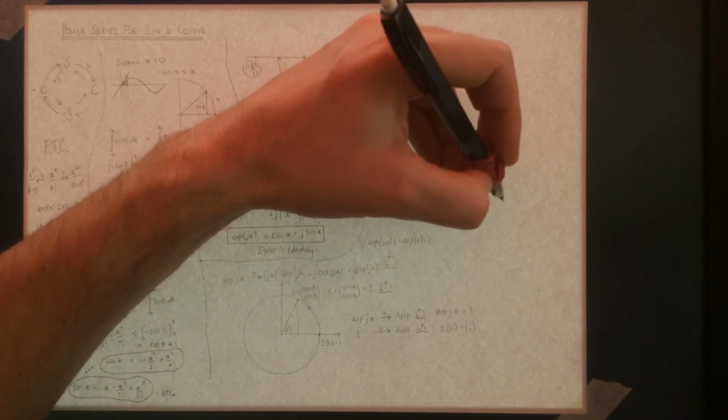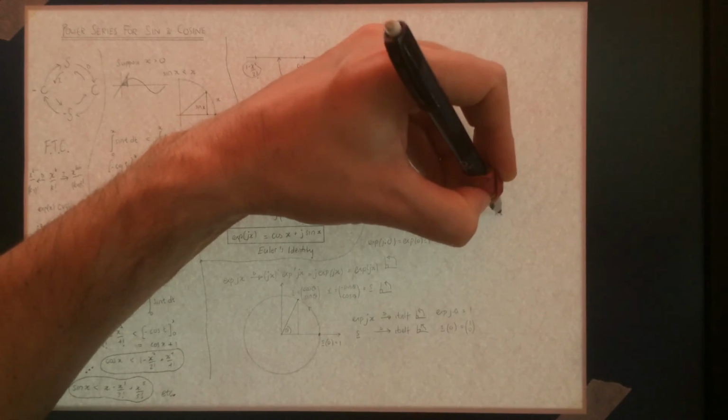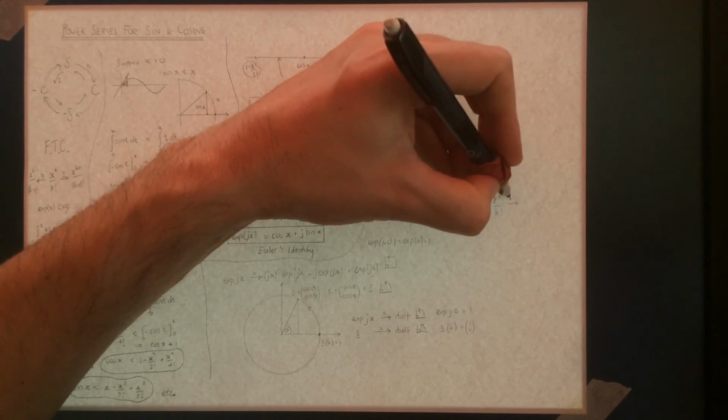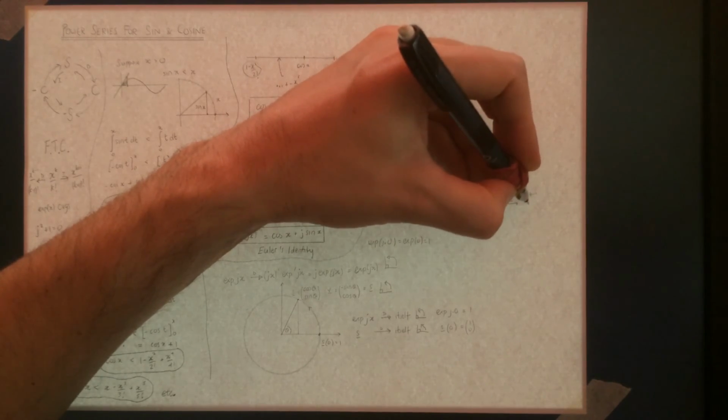And if you like, you could verify that z to the k over k factorial does indeed differentiate to the same, but k minus 1.